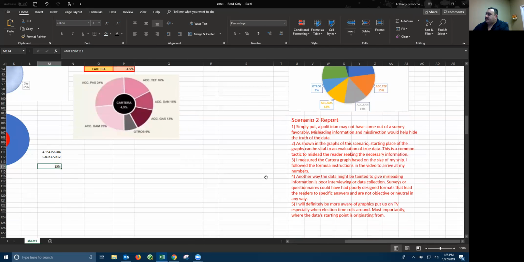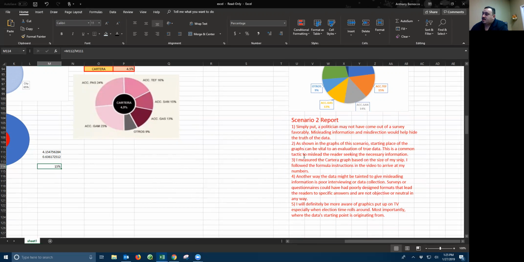So the scenario 2 report, simply put, a politician may not have come out of a survey favorably. So misleading information and misdirection would help hide the truth of that data.